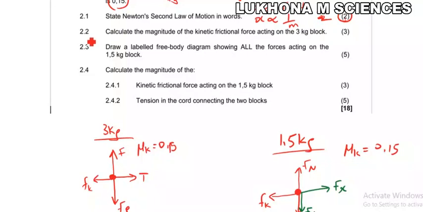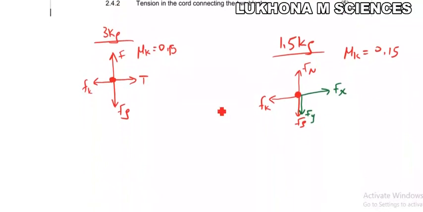Now let's go to question 2.2. Calculate the magnitude of the kinetic frictional force acting on the 3 kg block. But we are going to calculate the frictional force on both objects. So let's start with the 3 kg block.